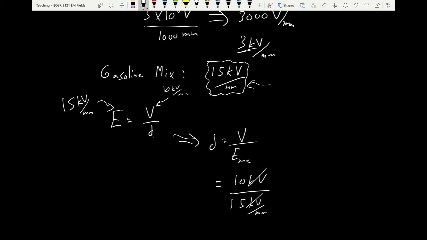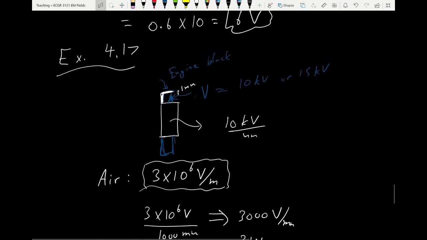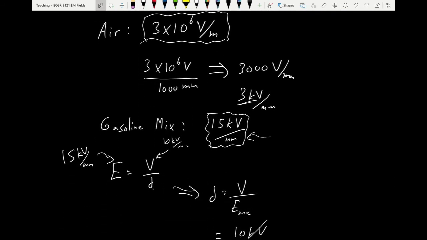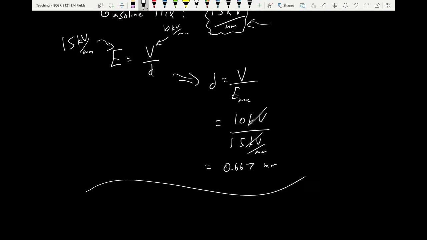I end up with 10 over 15, which is 0.667 millimeters. So if I have such a faulty spark plug, one solution is to bend the clip of the spark plug such that the distance between it and the tip of the spark plug goes from 1 millimeter to 0.667 millimeter, and that will solve my problem. All right.